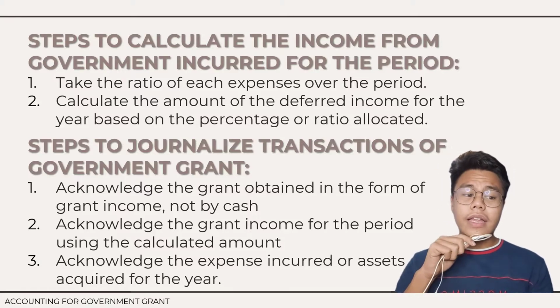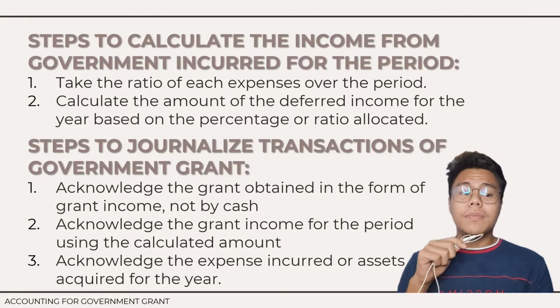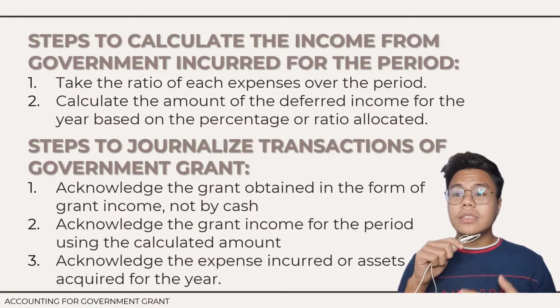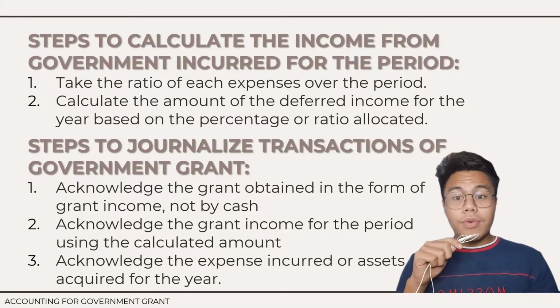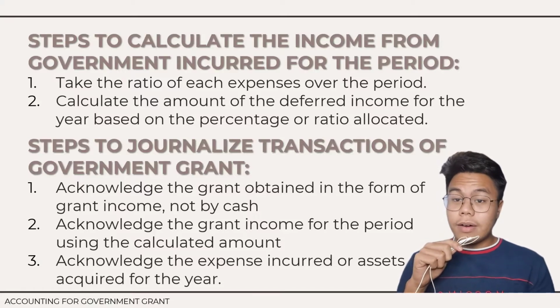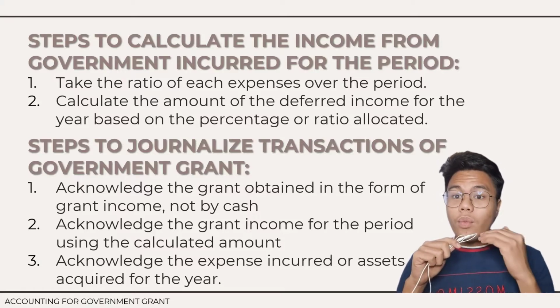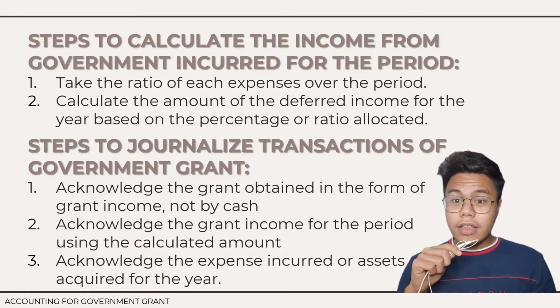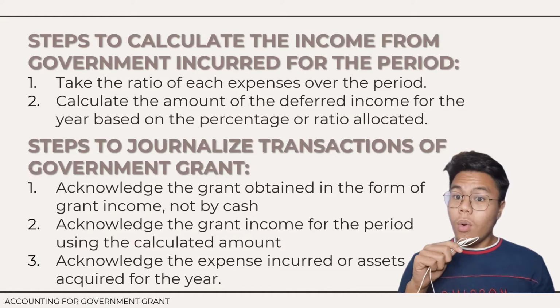Next, we will calculate the amount of deferred income for the year based on the percentage or ratio allocated. In this situation, we would account for these grants through deferred grant income first, and then we would recognize the grant income for the current period only.